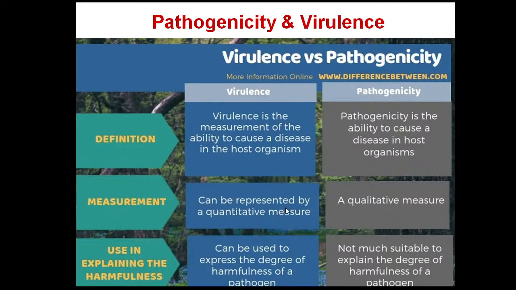Virulence can be represented by a quantitative measure. Pathogenicity is a qualitative measure and used in explaining the harmfulness. So virulence can be used to express the degree of harmfulness of a pathogen, and pathogenicity is not much suitable to explain the degree of harmfulness of the pathogen.